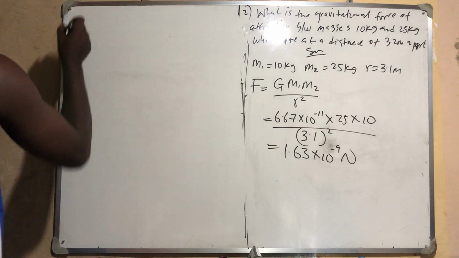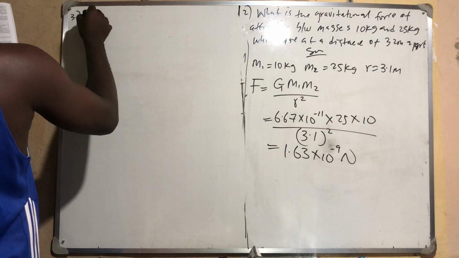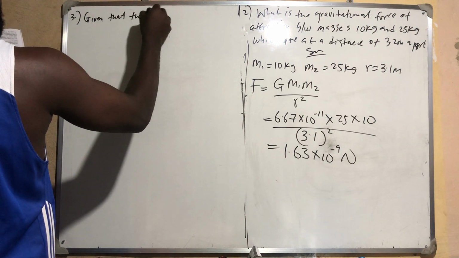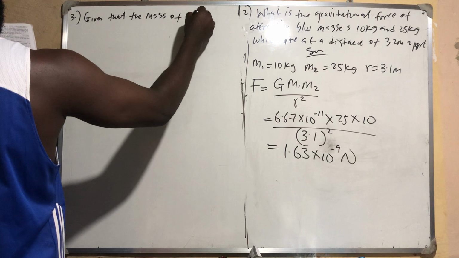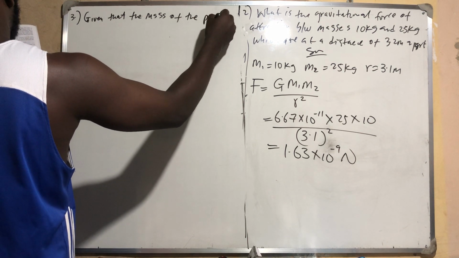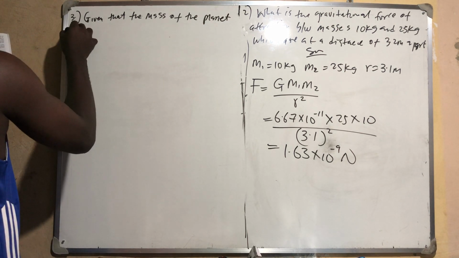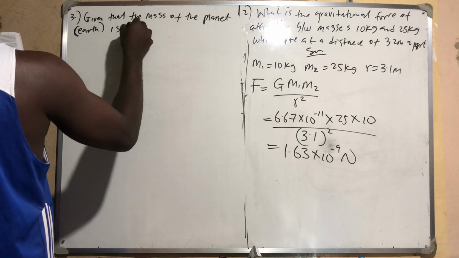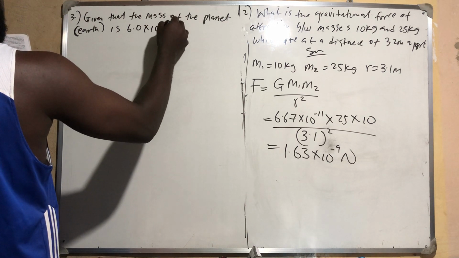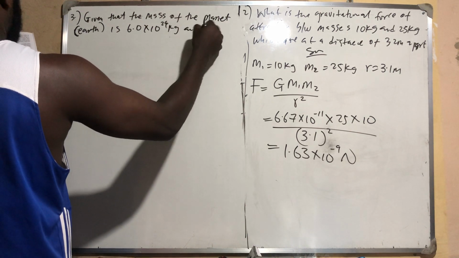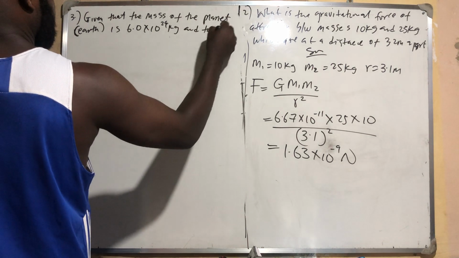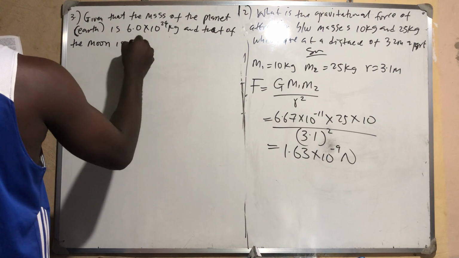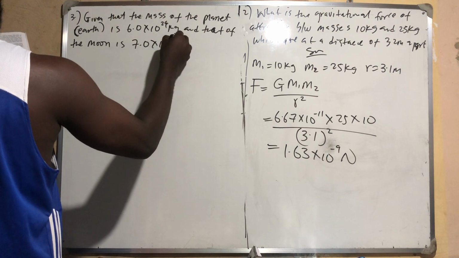Question number 3. Question number 3 said, given that the mass of the planet Earth, they give you that it is Earth, the planet Earth is 6.0 times 10 raised to power 24 kg, and that of the moon is 7.0 times 10 raised to power 22 kg.